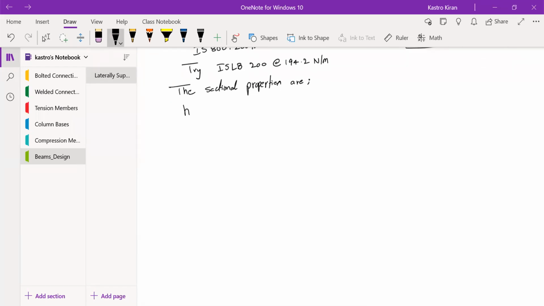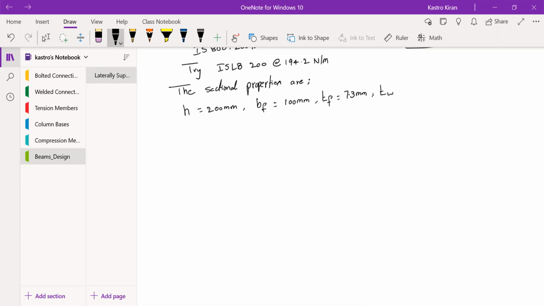One is the depth of the section, which is H, given as 200 mm, and the width of the flange as 100 mm, and the thickness of the flange as 7.3 mm. Please cross check the values which I am writing.